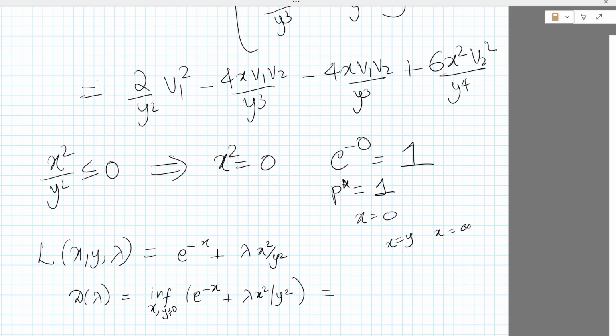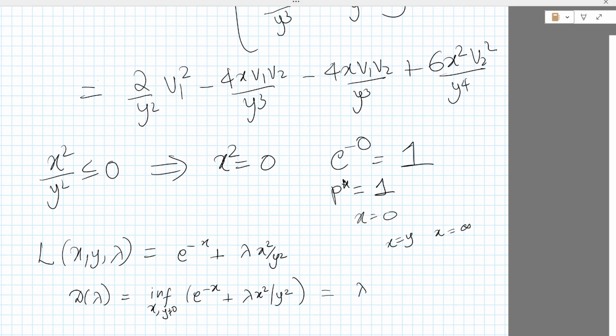So e to the power minus infinity will go to 0. This will be equal to some lambda, I guess. But will it be equal to 1?